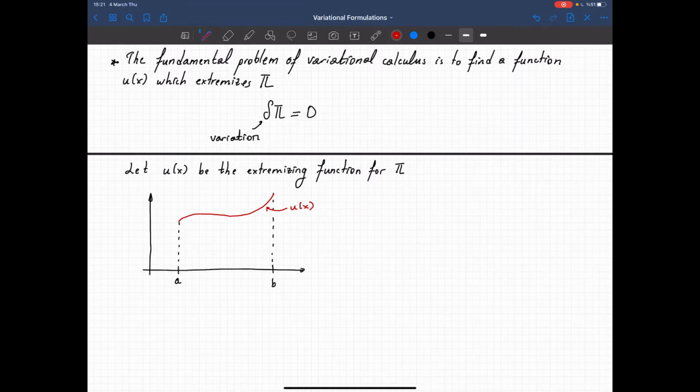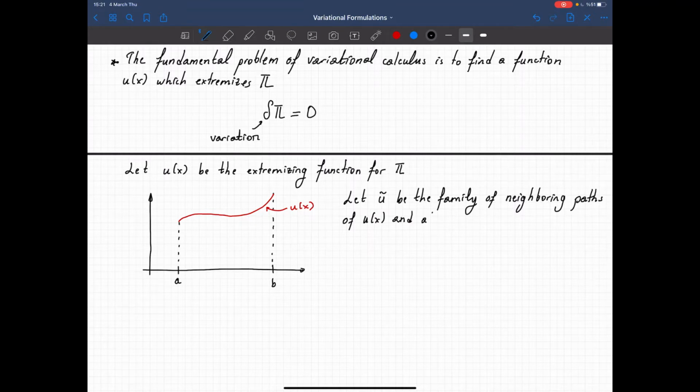Okay, let's make another definition. Let u hat be the family of neighboring paths of u of x, and at the endpoints they coincide.